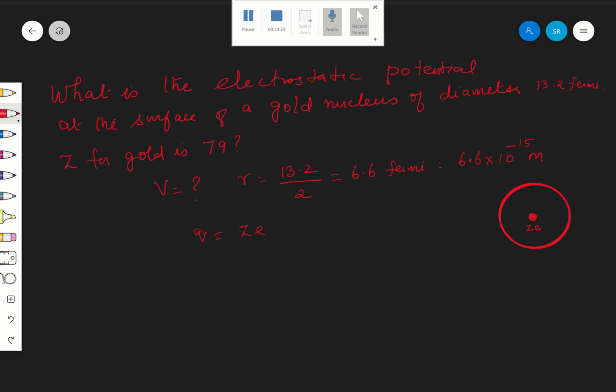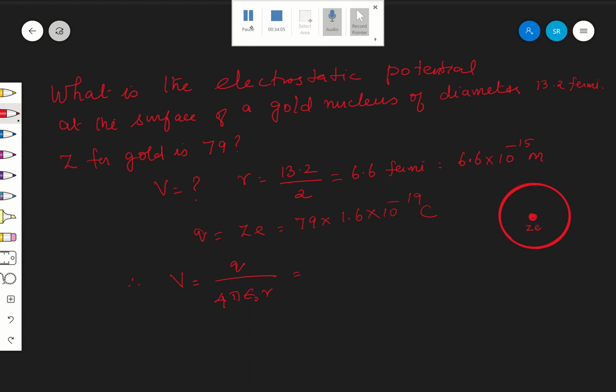Therefore, Z is 79 into 1.6 into 10 power minus 19 coulomb. So you know what Q is also: the net charge of the nucleus. Therefore, what is your V? V is equal to Q by 4 pi epsilon naught R. The nucleus is considered as a point charge here.